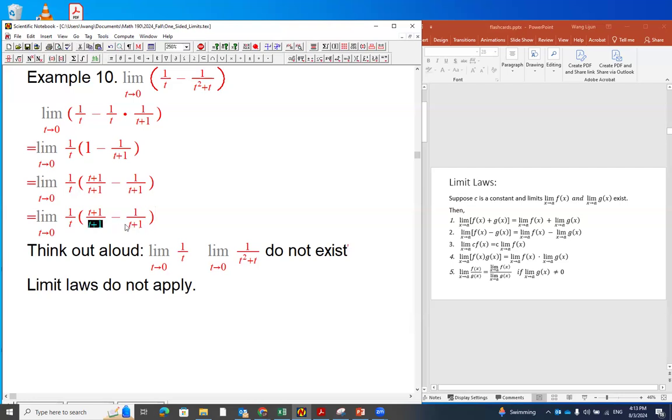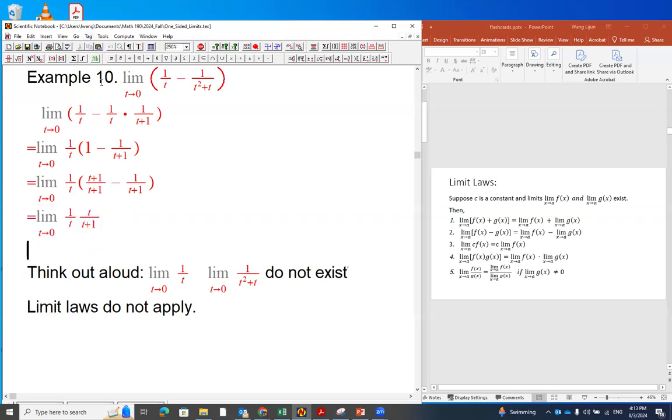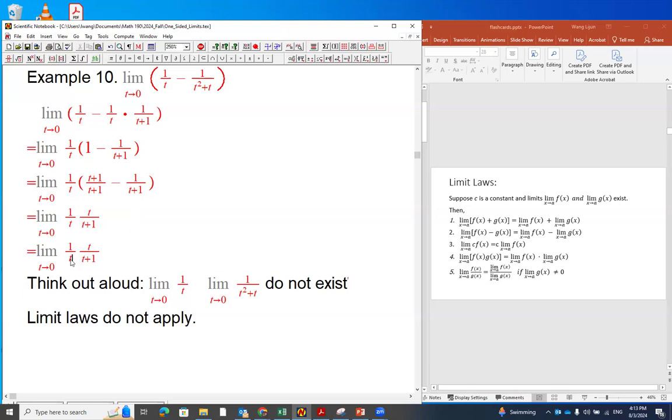So we have the same denominator, and numerator subtracting numerator, this is going to be negative 1. So this is gone. And now parentheses can be removed. The t and t can be reduced. Whoa, we get something really nice.